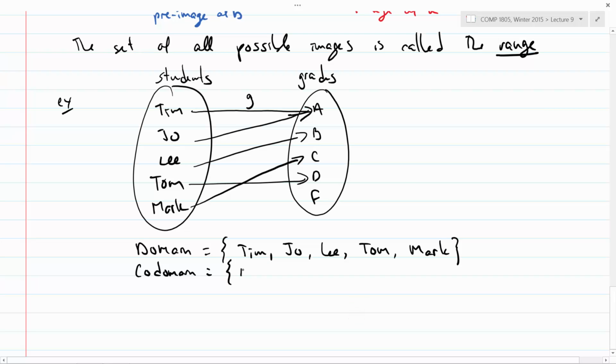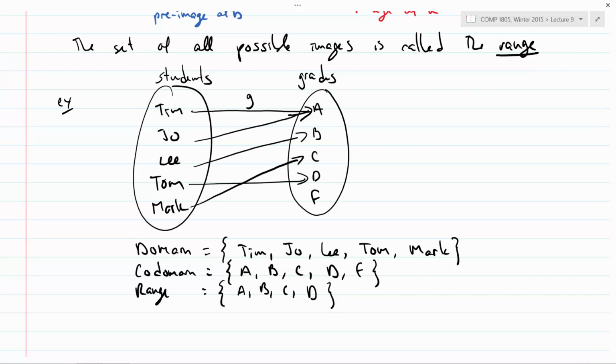So that's A, B, C, D, and F. The range is the set of all actual outputs. And notice that nobody got an F. So it's A, B, C, D. And that shows you that the range and the codomain are different here. They might not always be different, but they can be. They don't have to be different, but they can be.